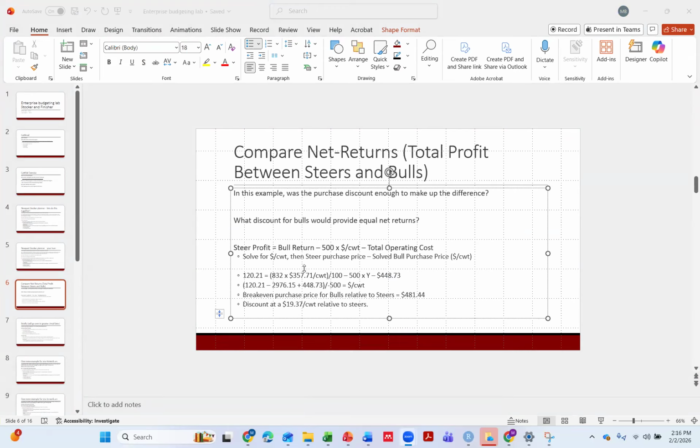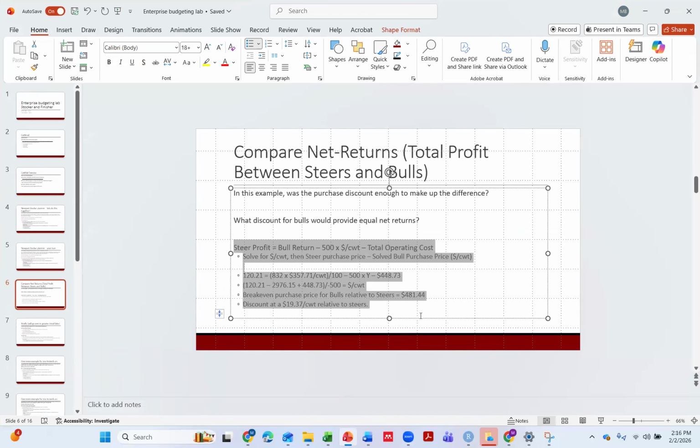So I'm not going to test you guys on this math here, but I just wanted to make the point that you can calculate what purchase discount you needed to have to purchase bulls relative to steers and break even.